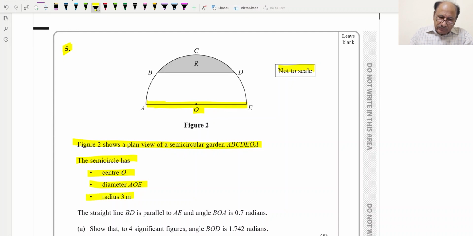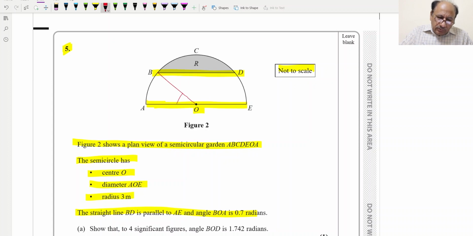Then radius is 3 meters. The straight line BD is parallel to AE, and angle BOA is 0.7 radian.